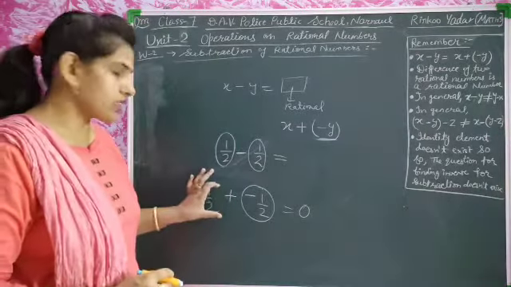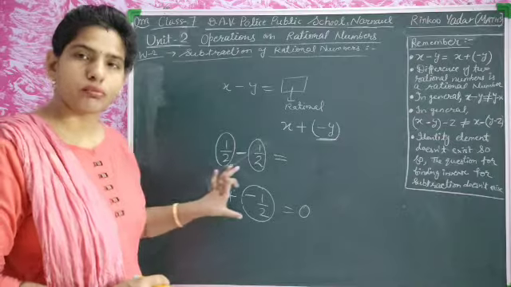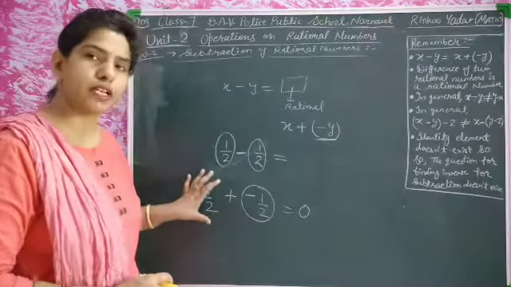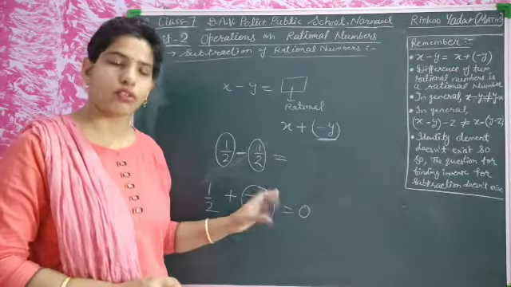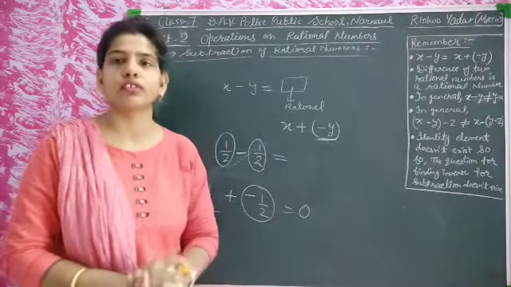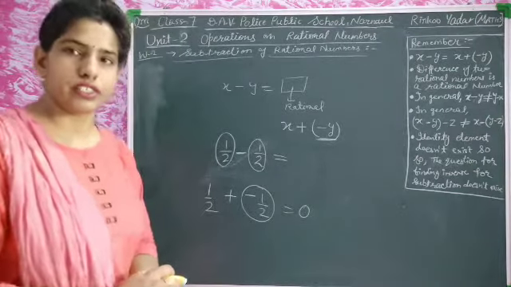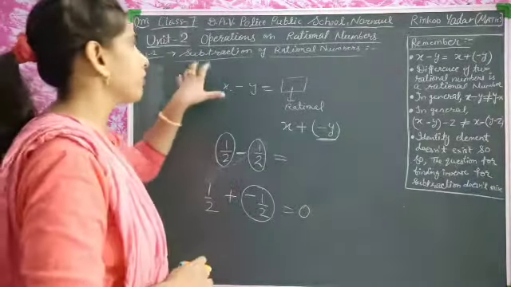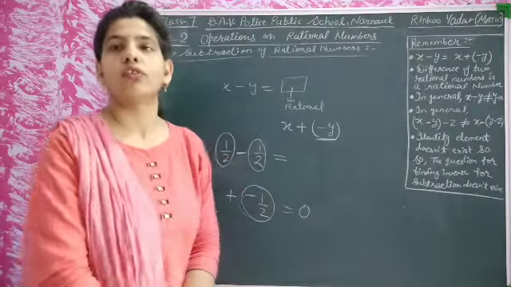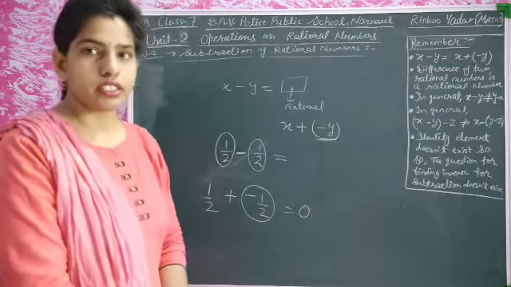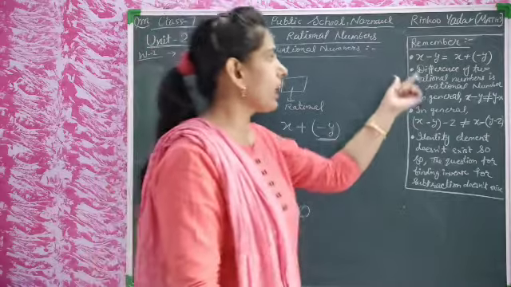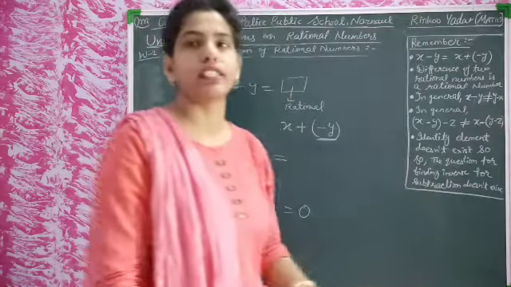If we add any positive number to its negative number, it becomes 0. This is the definition of subtraction of rational numbers. Clear? Now we have some properties.